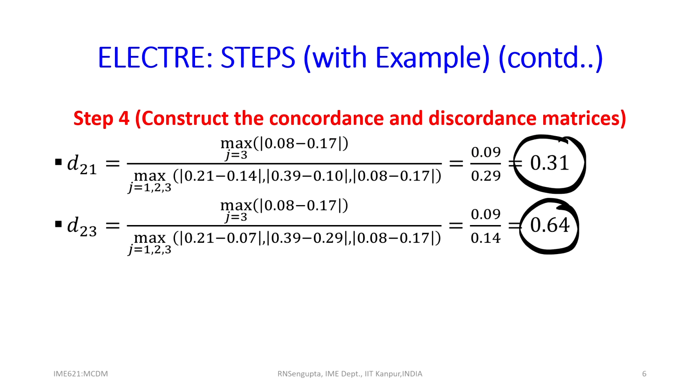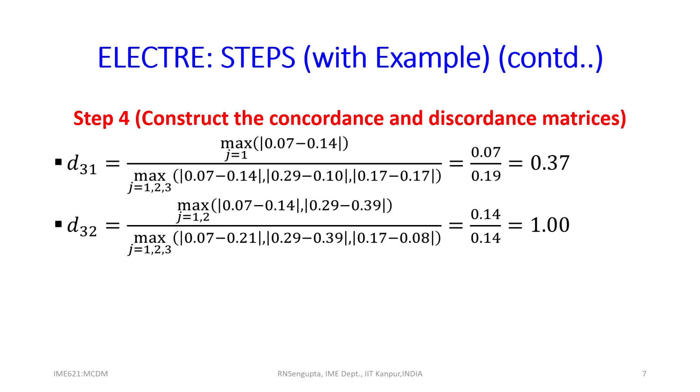If I consider D21, the value is 0.31, about 1/3 of that, which means the level of discomfort I will have in choosing 2 with respect to 1 is 1/3 of the value which would have arisen if I had taken 1 and not 2. So, choosing 2 is an advantage, as my level of discomfort, level of disadvantage is much lower. In a similar sense, you can compare D13 with D31 also.